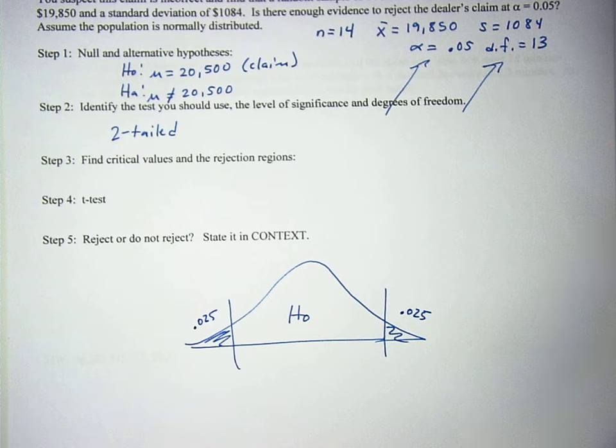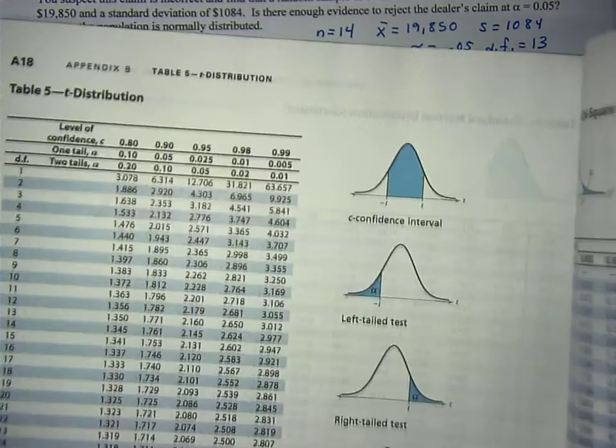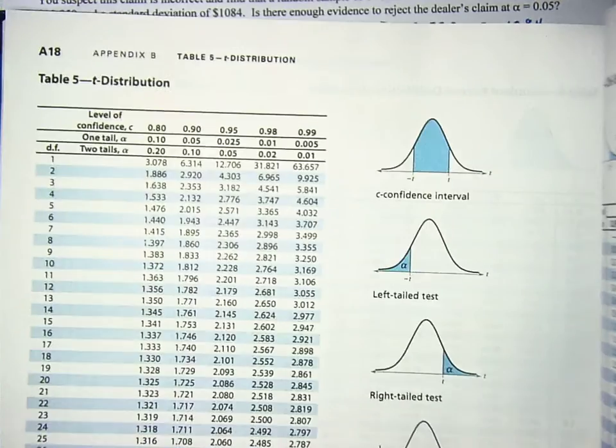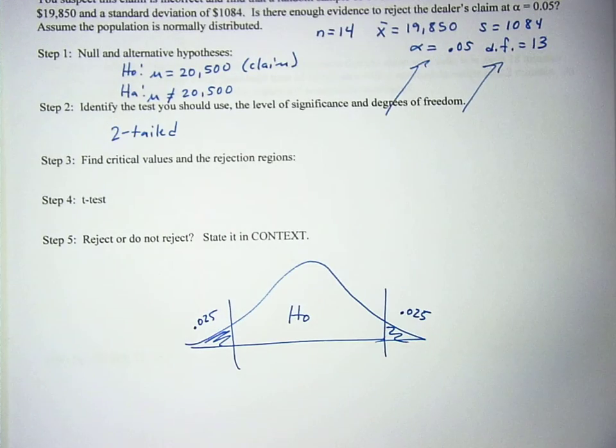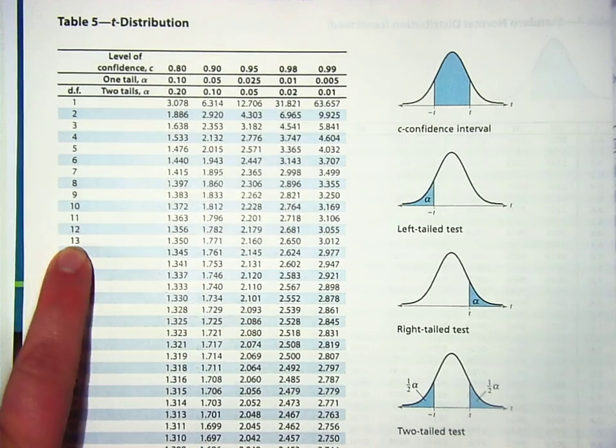And then we need to look up the critical values. So the critical values for the rejection regions are, let's see, our degree of freedom, which was n minus 1, is 13. So I'm going to go to 13.